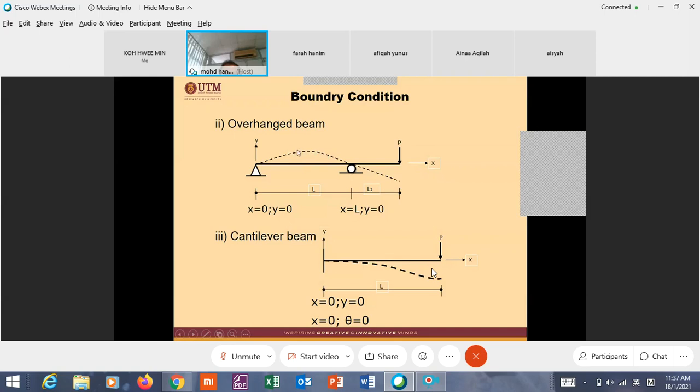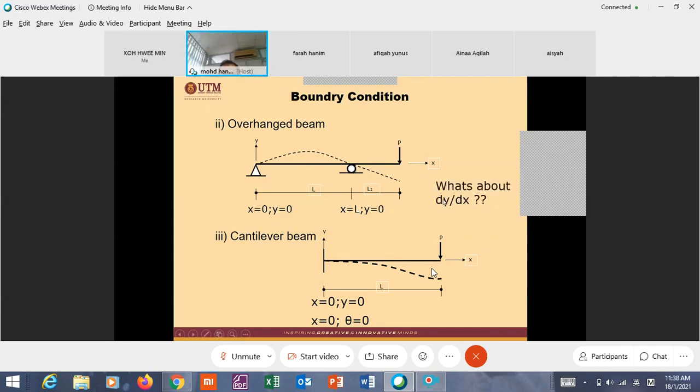At this other point, the slope is 0, but we don't know at which point. So therefore, we use only these two boundary conditions.